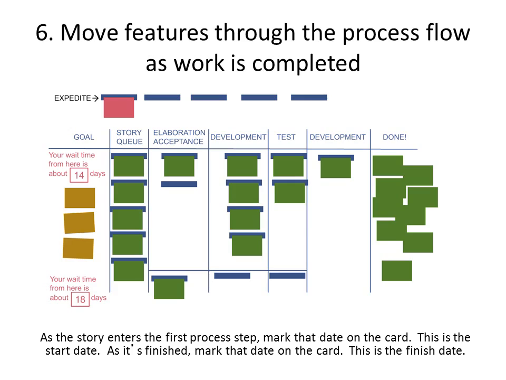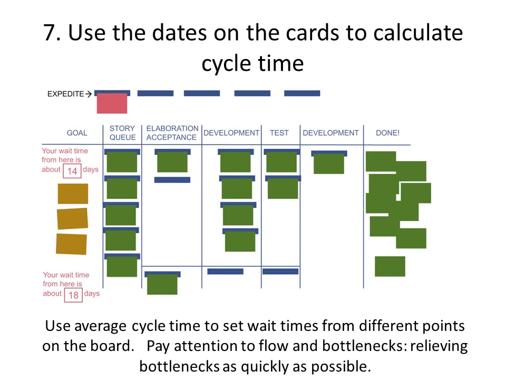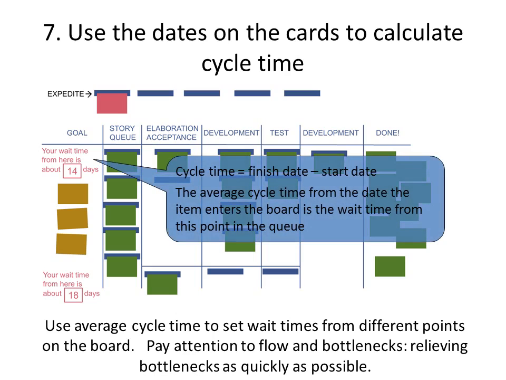Then once it's finished, it's marked with the end date, and of course the attention is put on the flow or the bottlenecks, and the whole team is focused on ensuring that there is a continuous flow happening. Now the cycle time, which is the typical time spent per average item to be moved from the queue to the done state, is what a lot of attention is paid to.